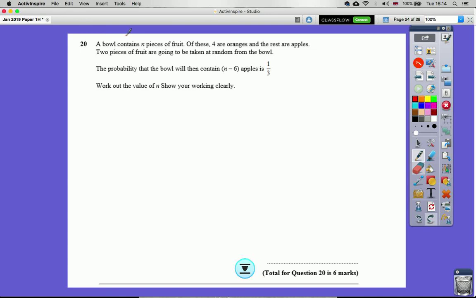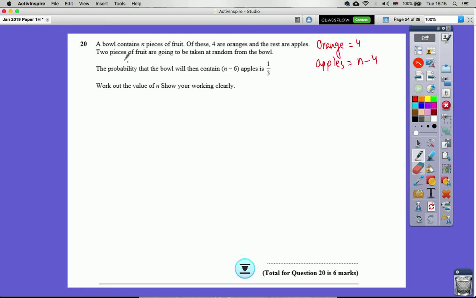So let's say there are n pieces of fruit. 4 are oranges. So oranges, an apple is n minus 4.